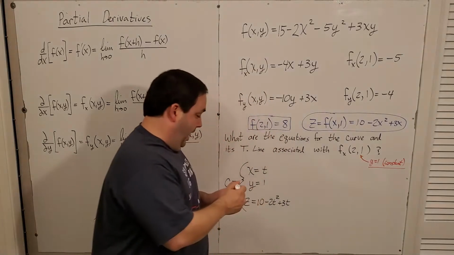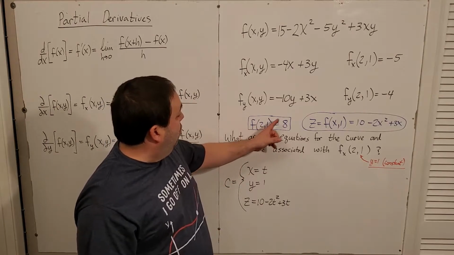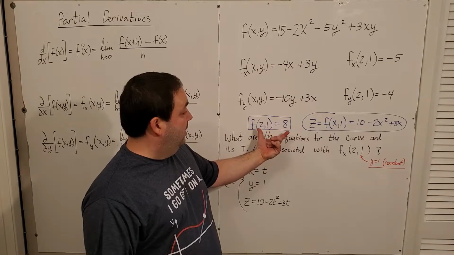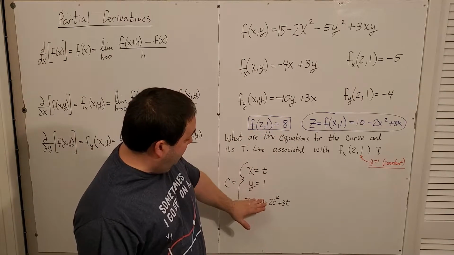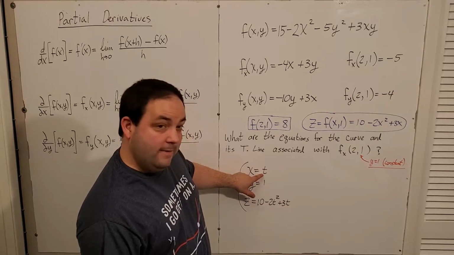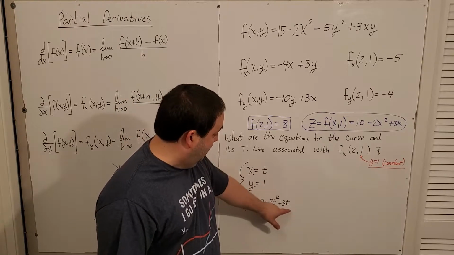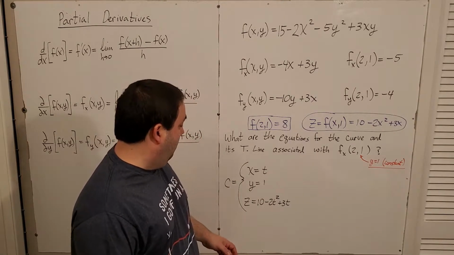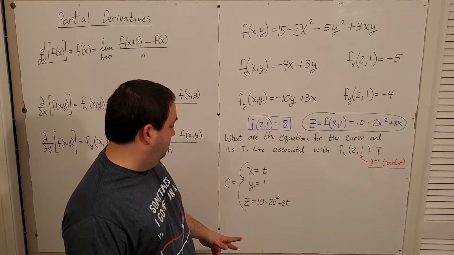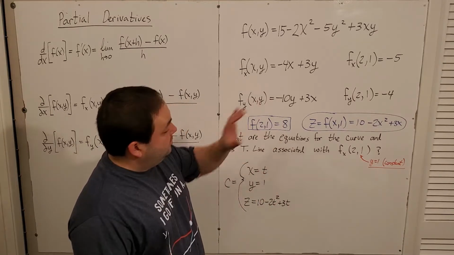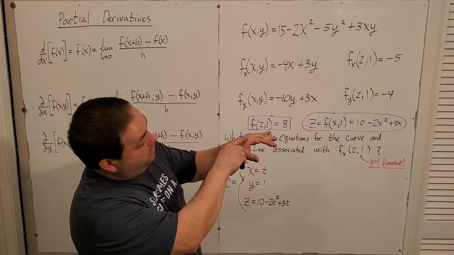Now, the point (2, 1, 8), because that's the point on the surface, is also on this curve, because if I put 2 in for t, that's the output that we're going to get. Yeah, (2, 1, 8). So I have the curve and the point (2, 1, 8).